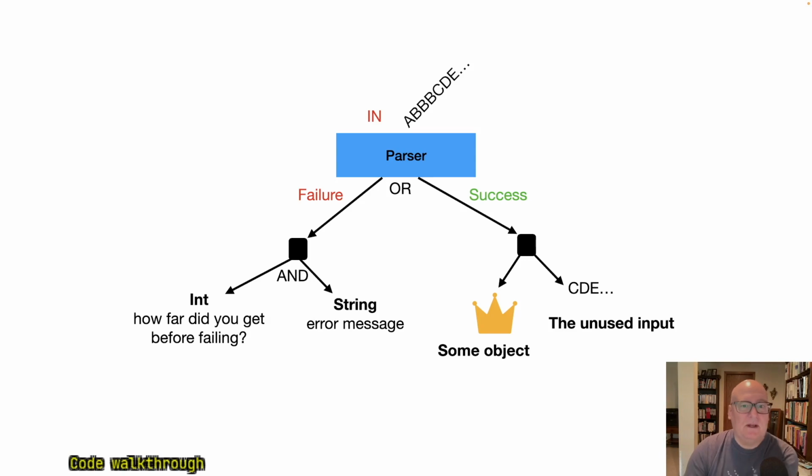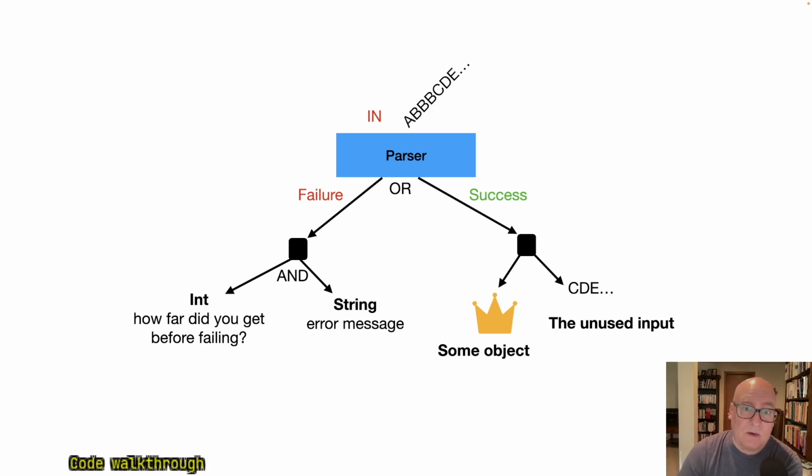Okay, so the parser is the thing in the blue, in the box that says parser, and there's an input that comes in. Think of it as a stream of characters because that's probably the common case, but it could be tokens or numbers or whatever. We didn't specify the input type, but we do know that it's an array slice, so it looks like an array.